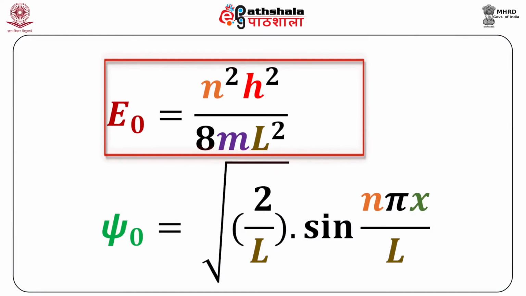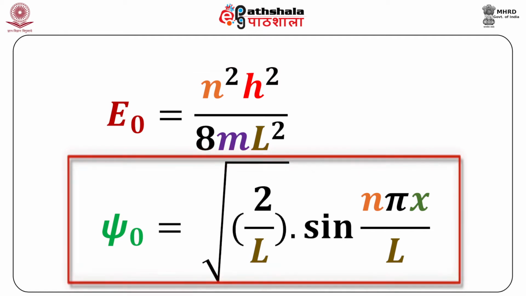Here in the unperturbed part, we are taking potential energy to be 0, and the only energy is the kinetic energy. We all know that for this problem the Schrodinger equation can be solved exactly, and the energy which we get for a particle in a one-dimensional box where potential energy is 0 is n square h square upon 8 m L square. This is the total energy which we get.